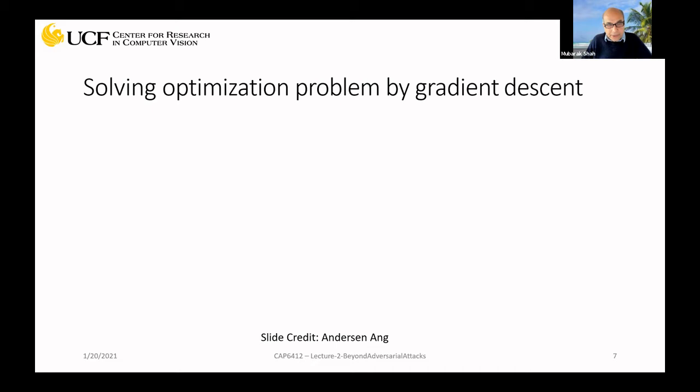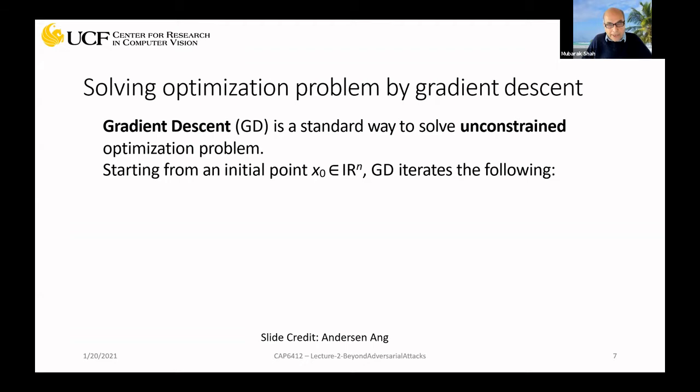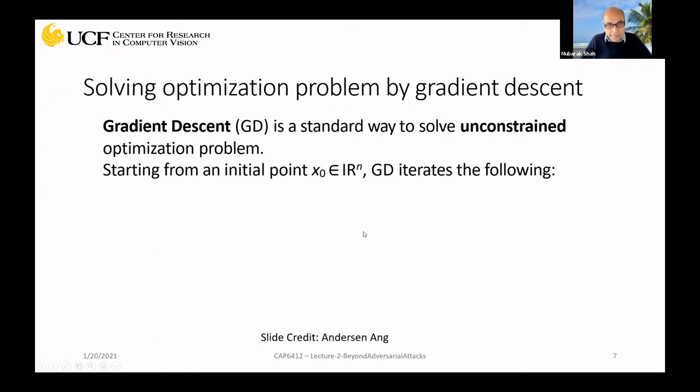As just a refresher, we want to solve the optimization problem by gradient descent. Gradient descent is the easiest method to minimize or maximize any function, and it looks at the gradient, and it is an unconstrained optimization problem. We have the function, and starting with some initial estimate of the solution, which is x0, we want to find out the best value for which this function will be minimized.